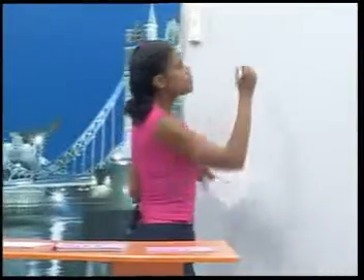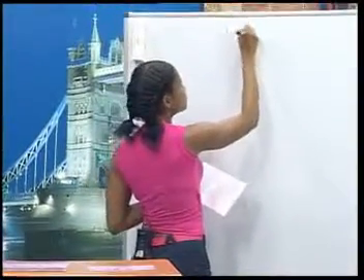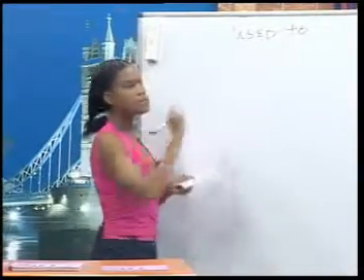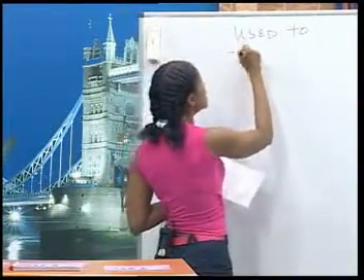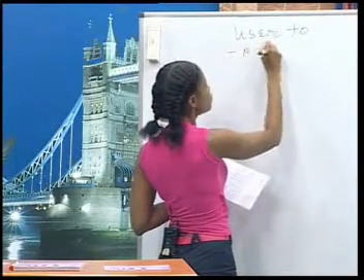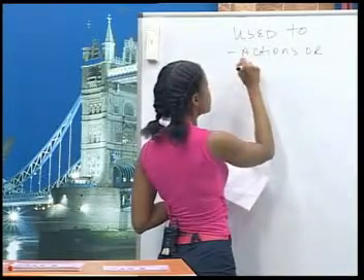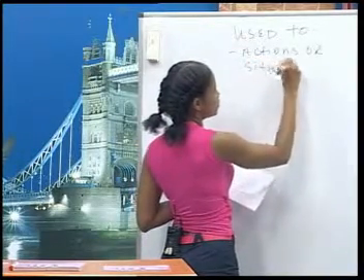Now we can also use used to describe past experiences. So we use used to describe actions or situations in the past that are no longer true, that we no longer do.